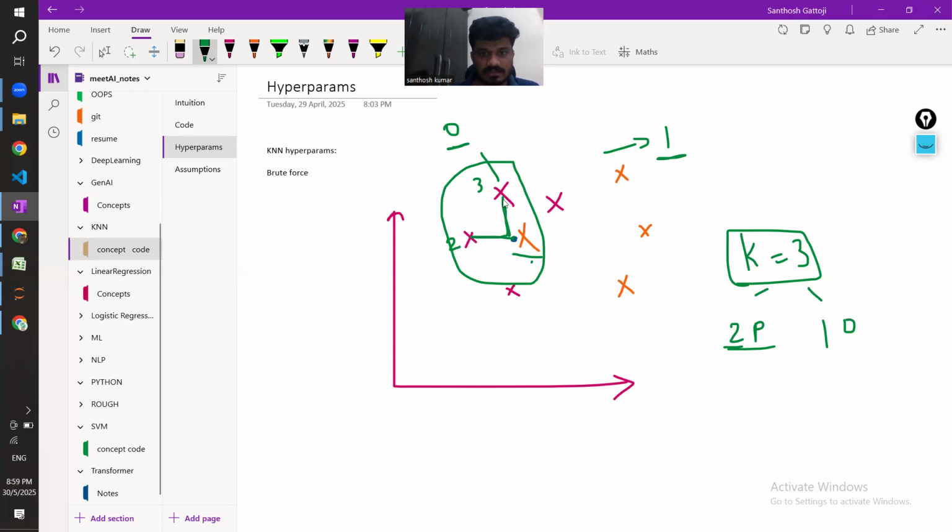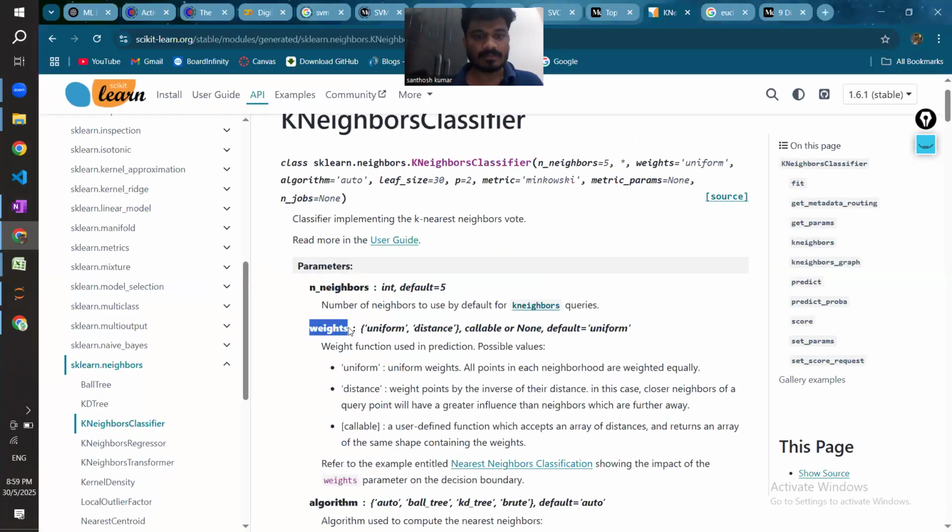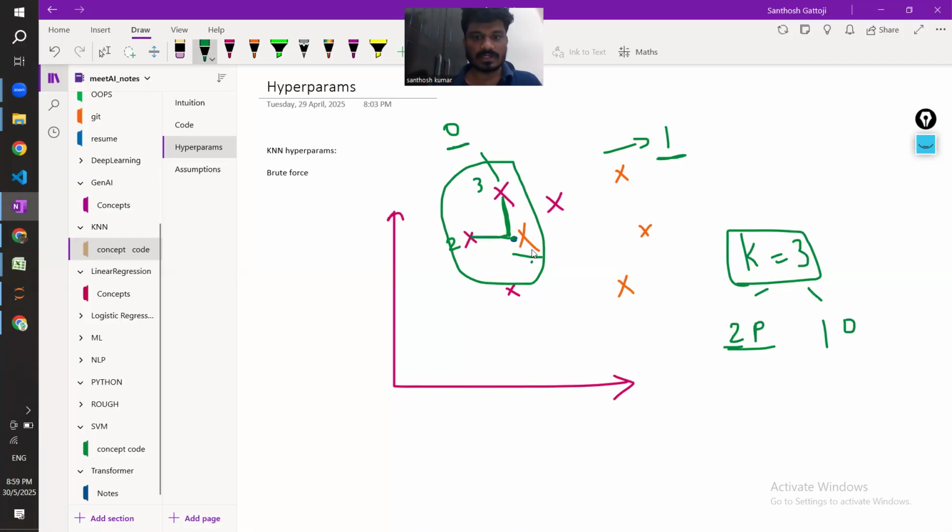Because these are very far, that's why we have something called weighted. When we are discussing hyperparameters, we'll see. Just I want to tell you. In that case, instead of directly going by the points for k equal to 3, we'll also calculate the distance. If it is very nearby, we will give more weightage to this point.